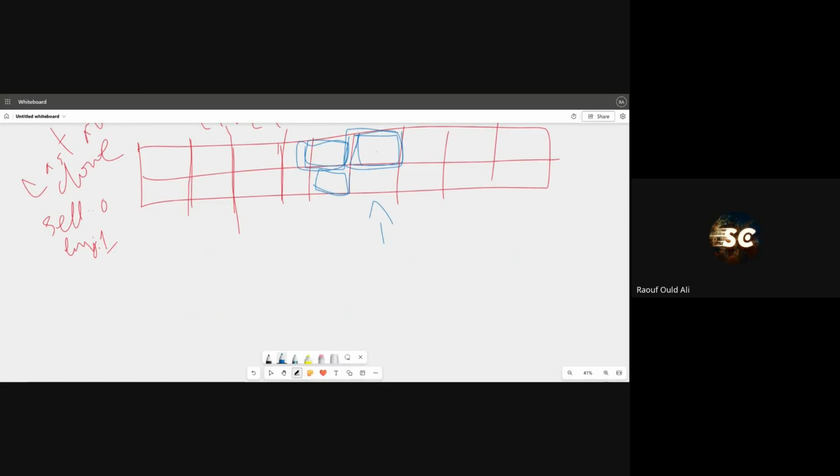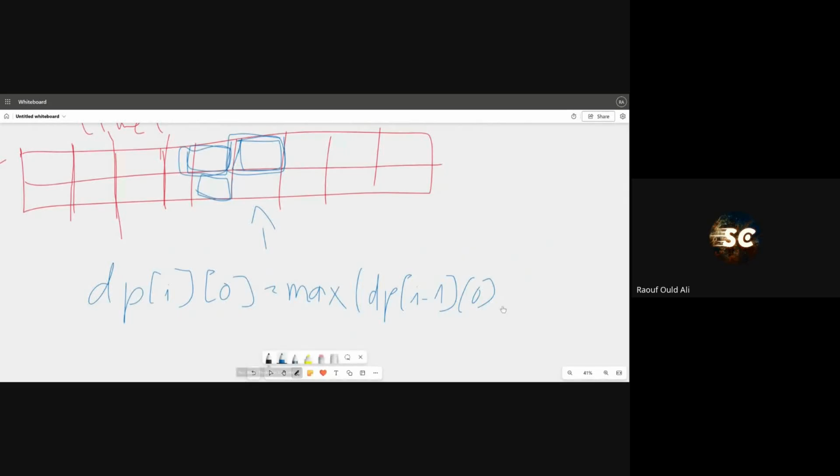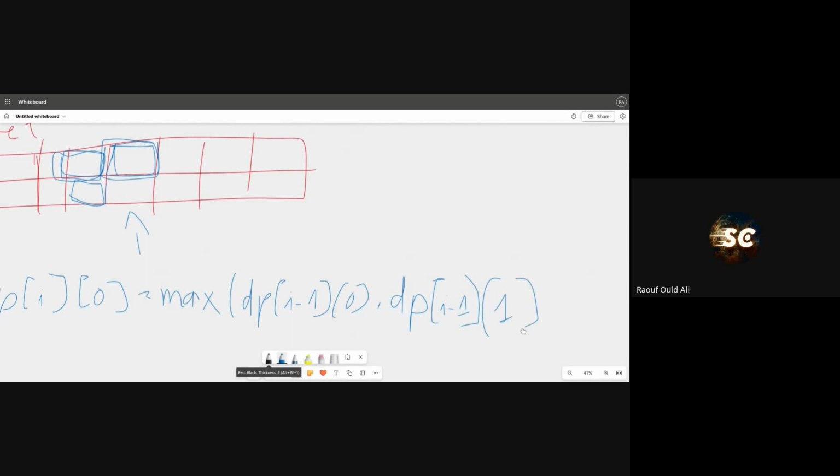So I will take here the maximum: dp I 0 is equal to the maximum obtained on dp I minus 1 0, or dp I minus 1 1, like the last thing we've done was buying, okay, plus the value that I'm winning on this day, which is the transaction on day I, okay?